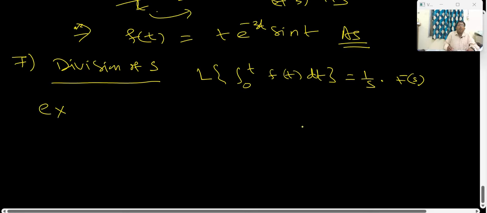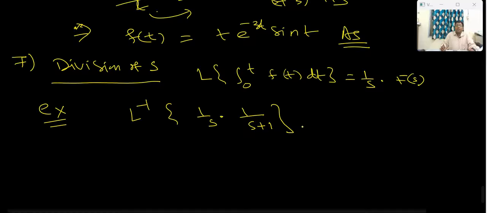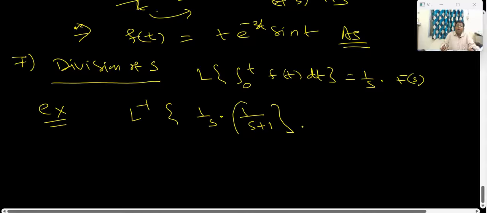For example, suppose you are asked to find L inverse of 1 by s into 1 by s plus 1, right? Though you know the other aspect, a by s plus b by s plus 1, but I think this is my F(s) now. From this F(s), what is my f(t)? It is e to the power minus t simply.